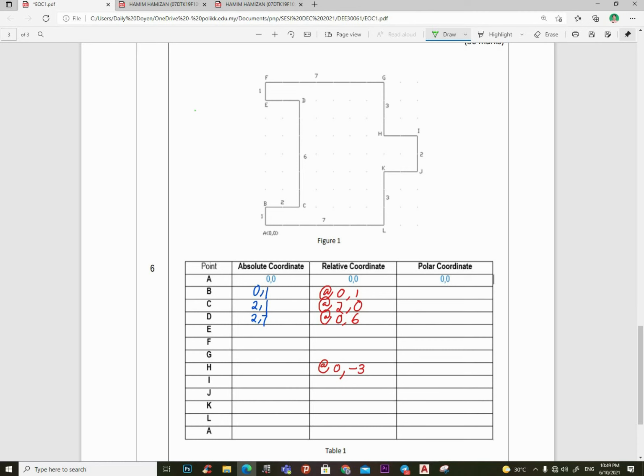In AutoCAD, we have this angle. We start from 0 degrees, in anti-clockwise direction, 90 degrees, 180, 270 degrees, until 360. Okay, so 0 and 360 are at the same position.